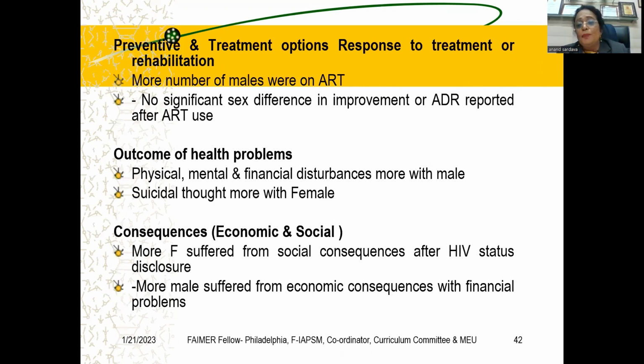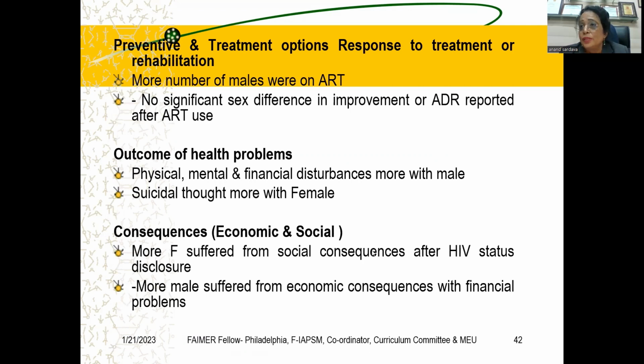Preventive and treatment options and response to treatment. More males were on ART as compared to females. So again, it speaks about access to and control over resources and healthcare. No significant difference was found in the improvement or adverse drug reactions reported after ART use.